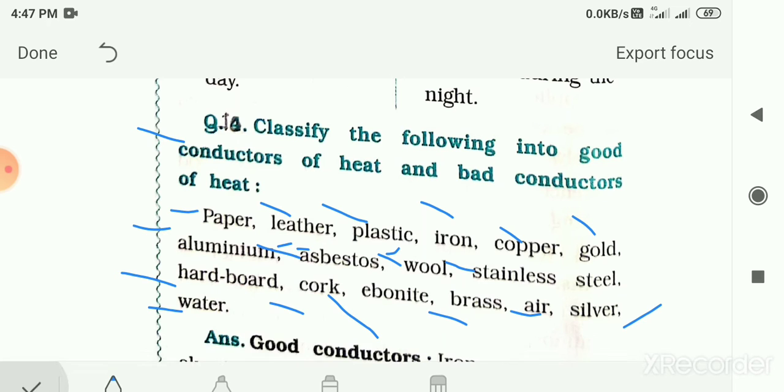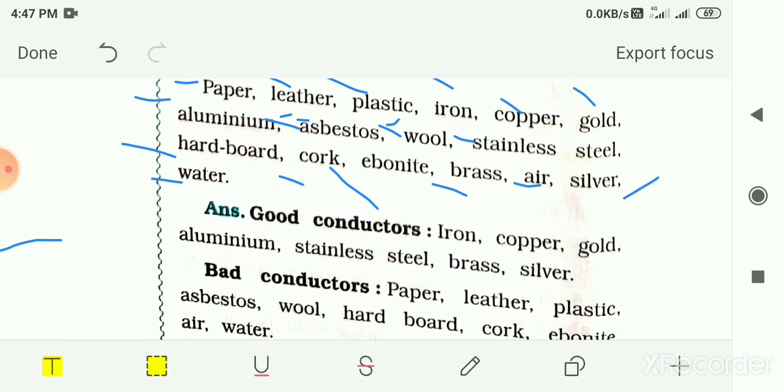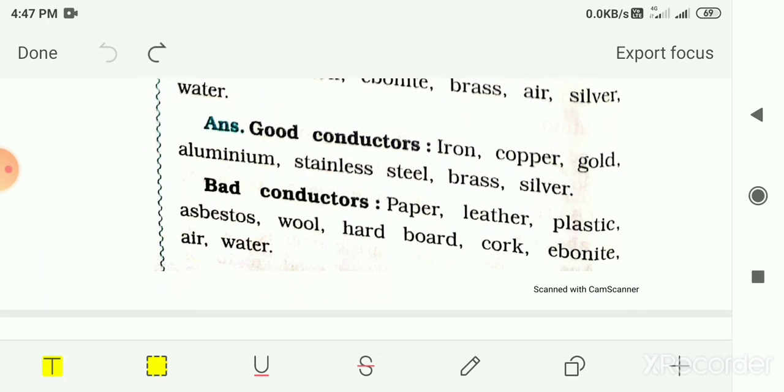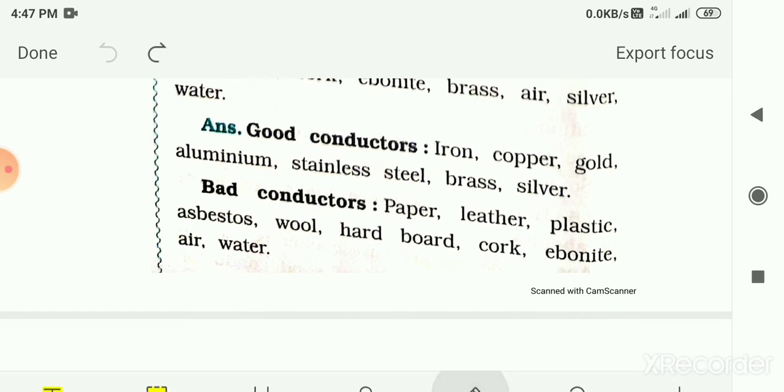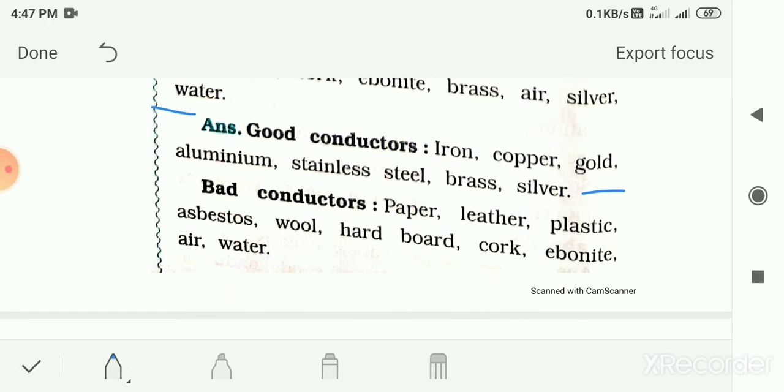So now let me check the answer. So here the answers are given to you. The good conductors: iron, copper, gold, aluminium, stainless steel, brass and silver. These all are good conductors of heat.